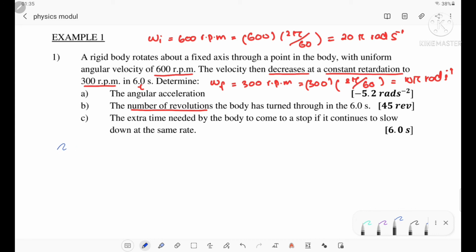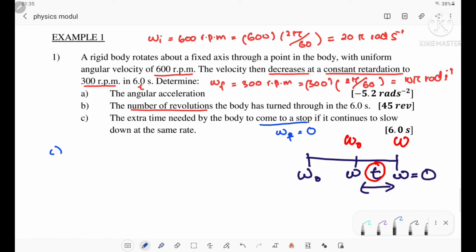For question C, determine the extra time needed by the body to come to a stop if it continues to slow down at the same rate. Coming to a stop means that the final angular velocity is equal to 0.